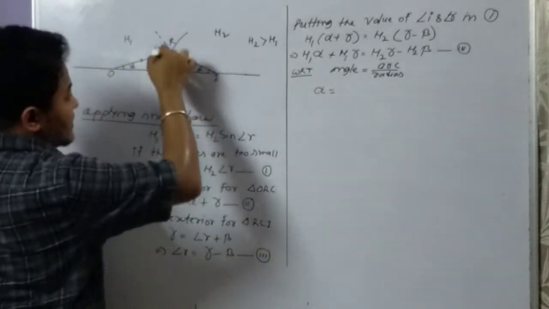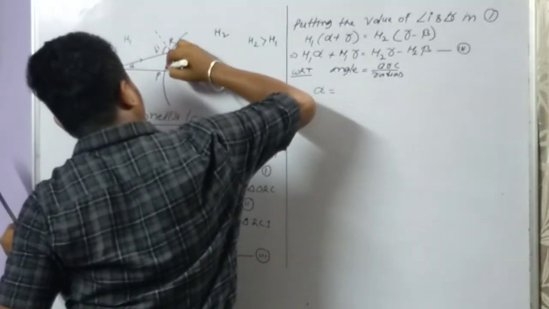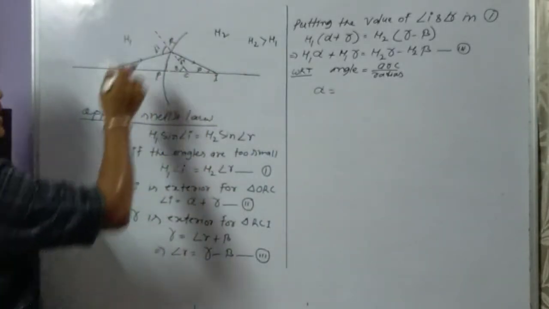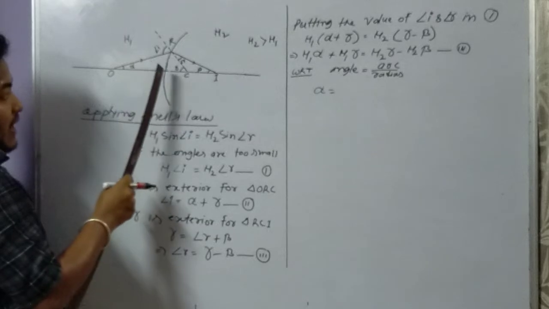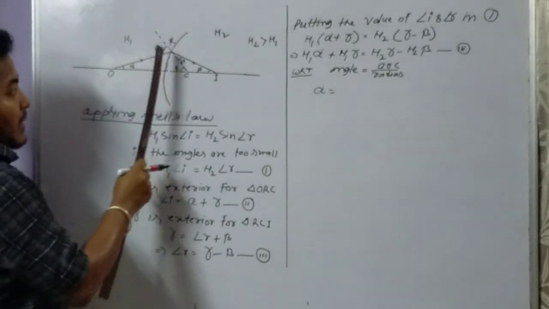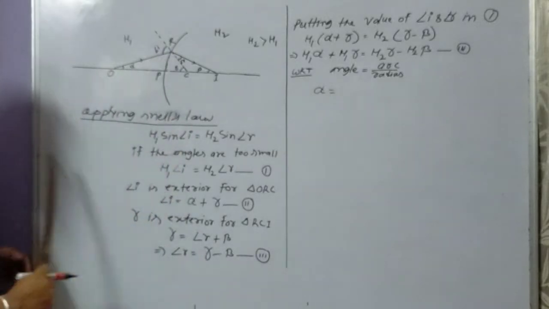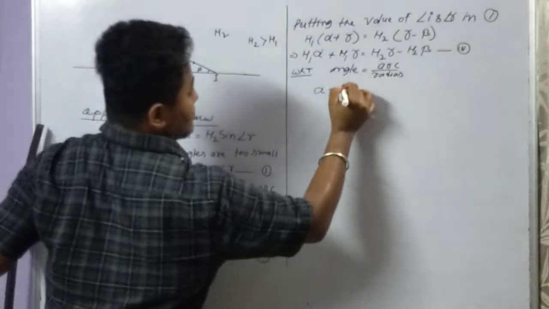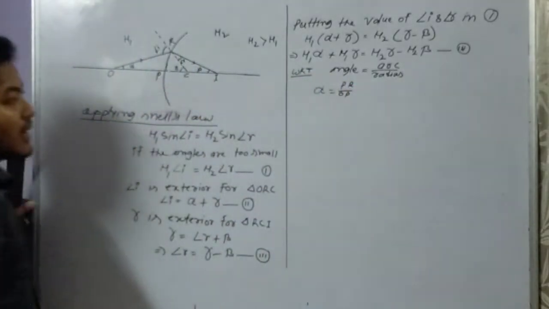This is the radius, so this RP or PR is the radius. So in case of alpha, I can write PR by OP. This is for alpha.